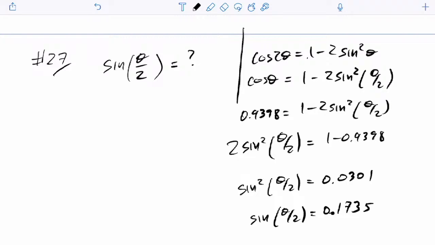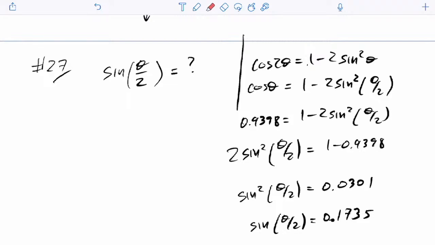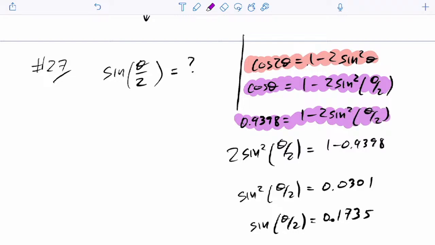Yeah, 0.1735. Okay, so that's how you go about answering 27. You just use the fact that the cos of 2 theta is equal to this. So then you just let theta equal theta over 2, and you can solve for your information here. That's a nice question.